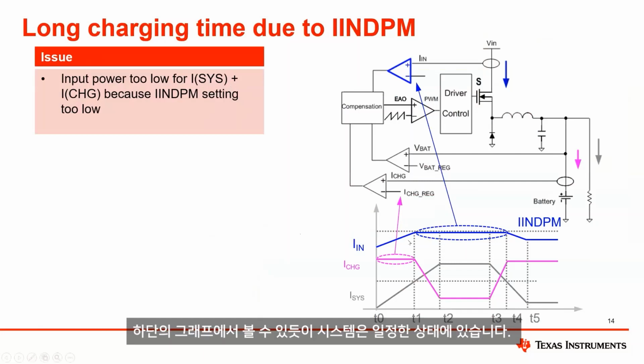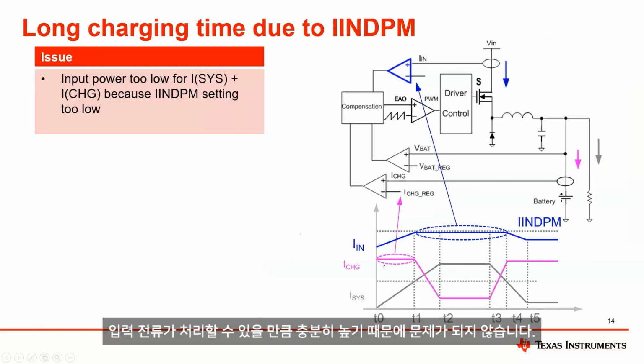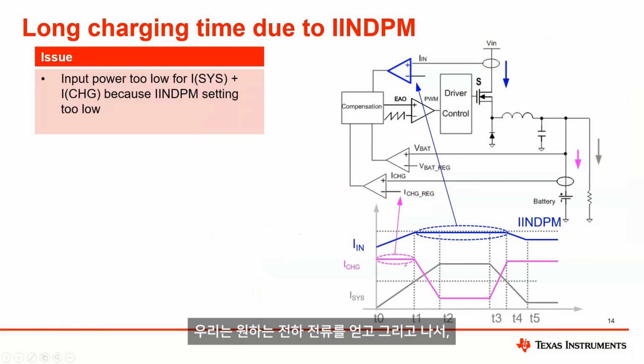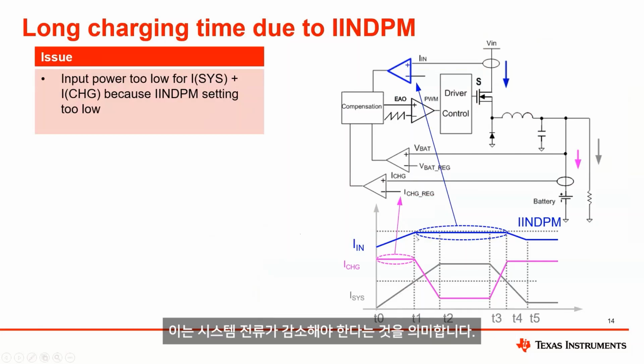So as you can see with the graph at the bottom, the system current is consistently going up, and that's no problem because our input current is high enough to handle it, so we get the charge current we want. But then at some point we hit this maximum input current and we stop. And so that means that the system current now has to drop.